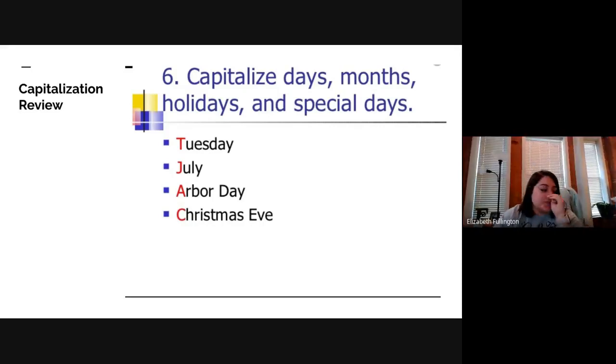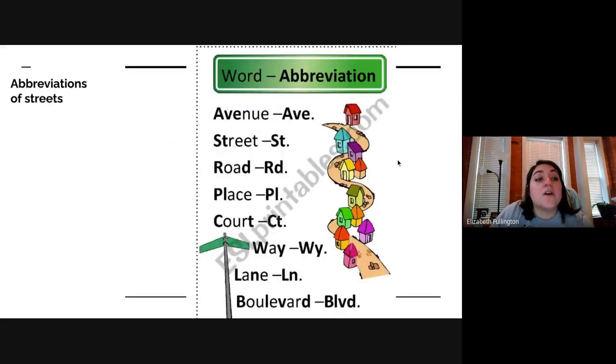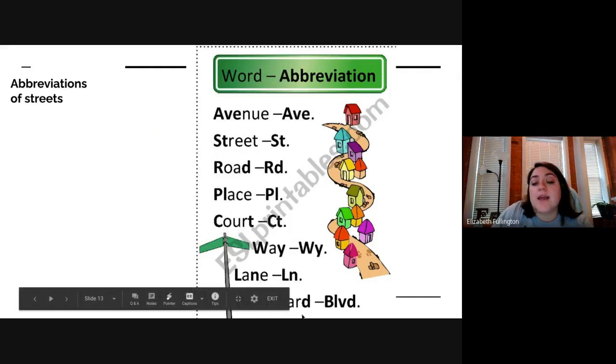Okay, so let's go ahead and keep going. And we are on next, abbreviations of streets. So here's some certain streets that probably are part of your address that you may see. Your street names could have avenue, street, road, place, court, way, lane, and boulevard.